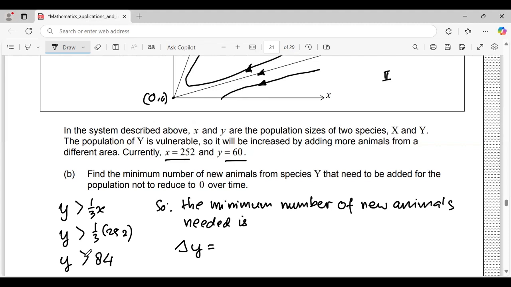So take 85, because the first integer greater than 84 is 85. 85 minus 60 is equal to 25. So this is the minimum number.